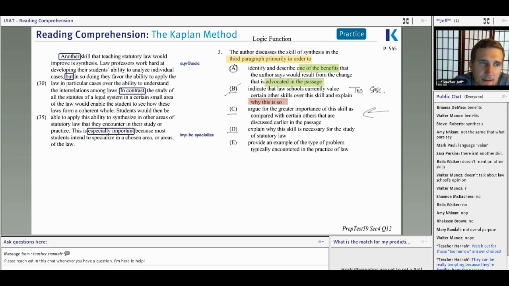Why is this wrong? What's the wording? It's tempting. I know when you read like argue, you're like, yes, the author is arguing for statutory law.